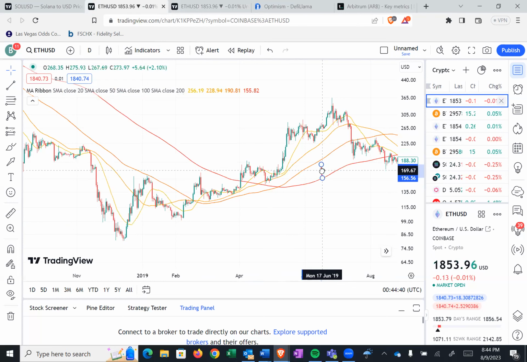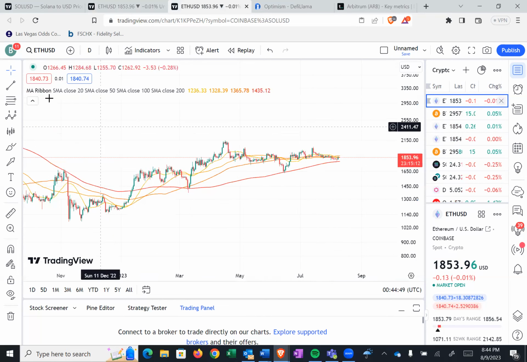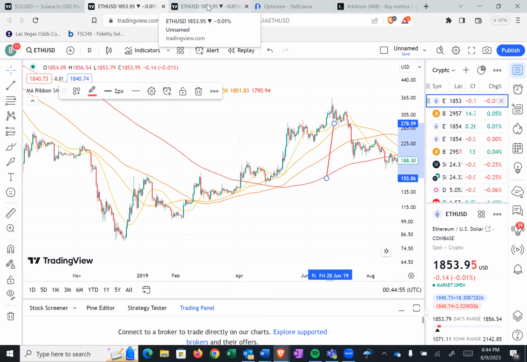Because we can do the old trick I've been teaching you guys for years, the wide moving averages. Was this wide enough, do you think? Probably not.